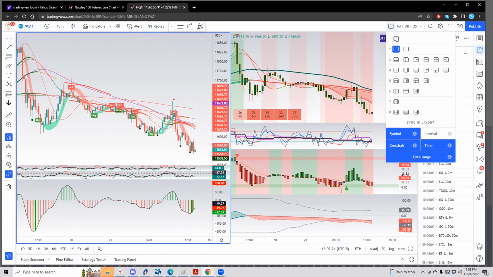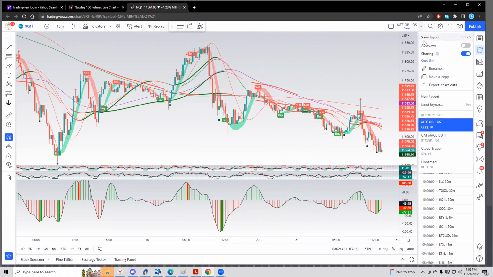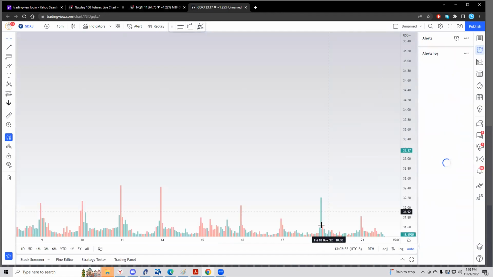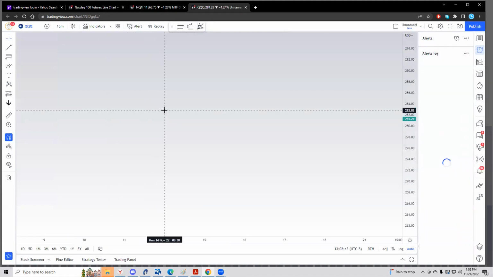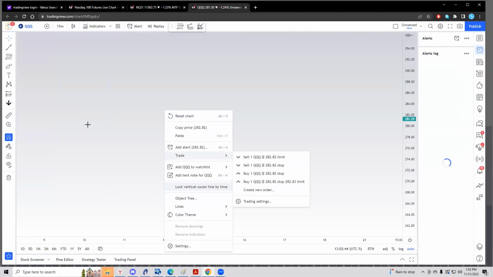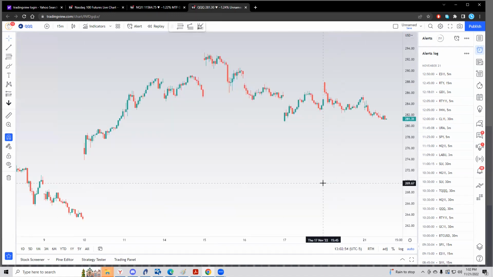So I would suggest we start from scratch, without any new indicators. You click here and let's create a new layout, so you will see basically what people see when they first start working with this. You click QQQ, right-click the mouse, click settings, and here we have symbol. Let's activate body, borders, and wicks. This is what you have.